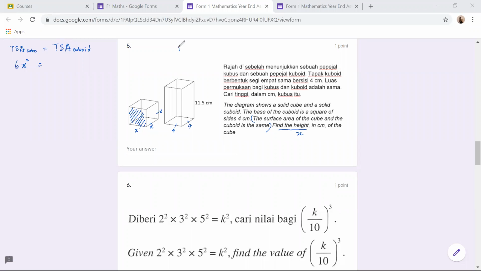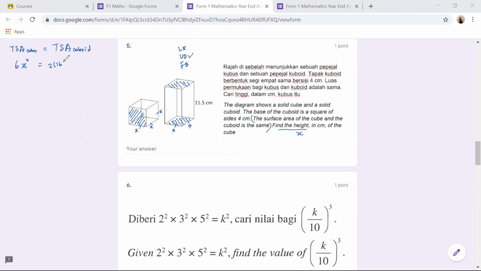We have left, right, up, down, front, and back, so that we don't miss out anything. Let's go by up and down first. The up and down is actually a square. So we get 2 times 16. 4 times 4 is 16. So up and down, done.